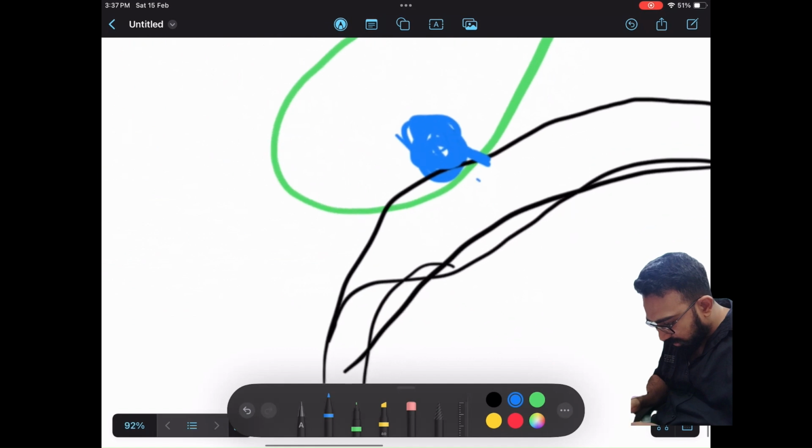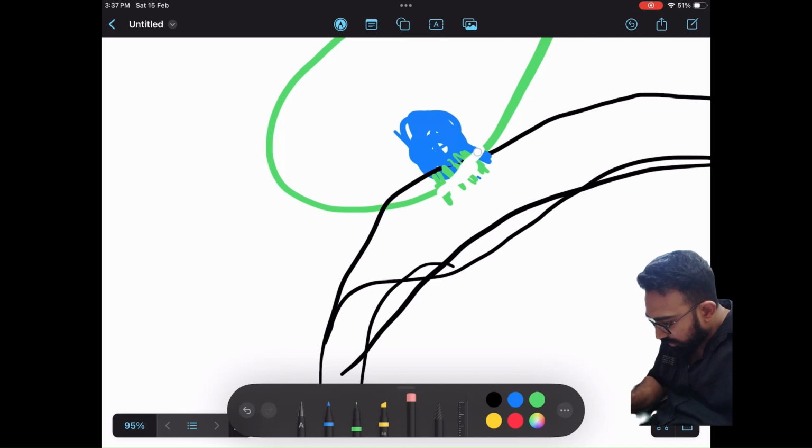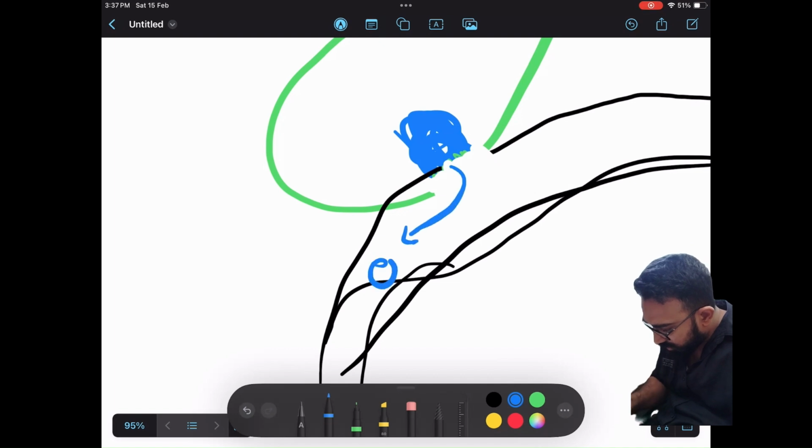Over time, because of the chronic irritation, there is going to be a gap over here, and the stone is going to go away here, creating a connection between the intestine and the gallbladder.